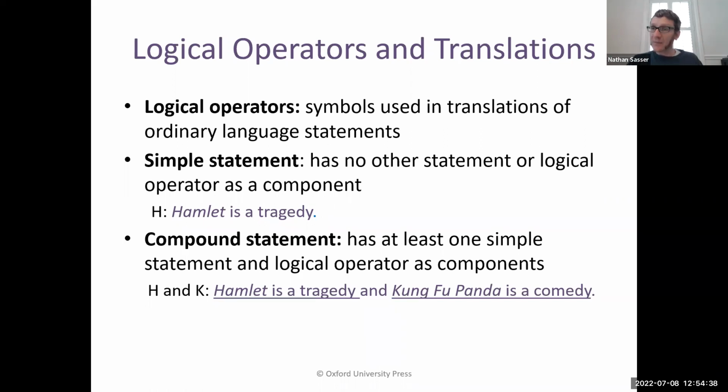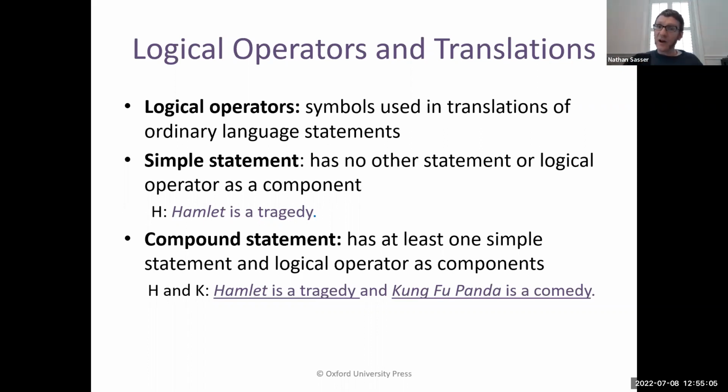A compound statement is when a logical operator joins together two or more simple statements. So for example, if I say Hamlet is a tragedy, that's simple. There are no component parts in there which are themselves propositions. And there are none of our logical connectives. There's no and, or, not, if, or only if.